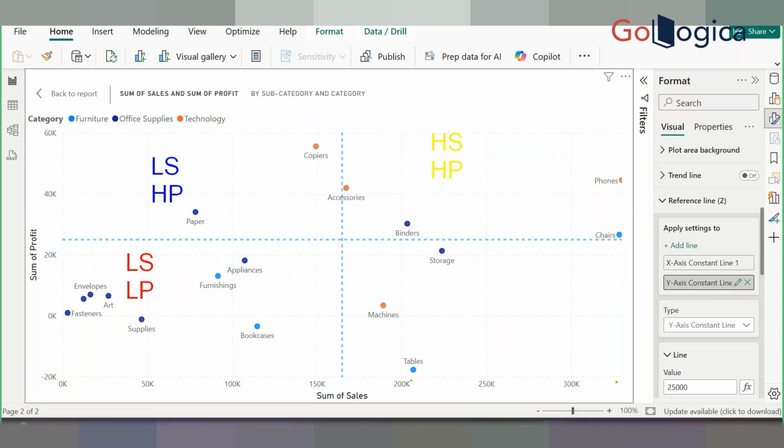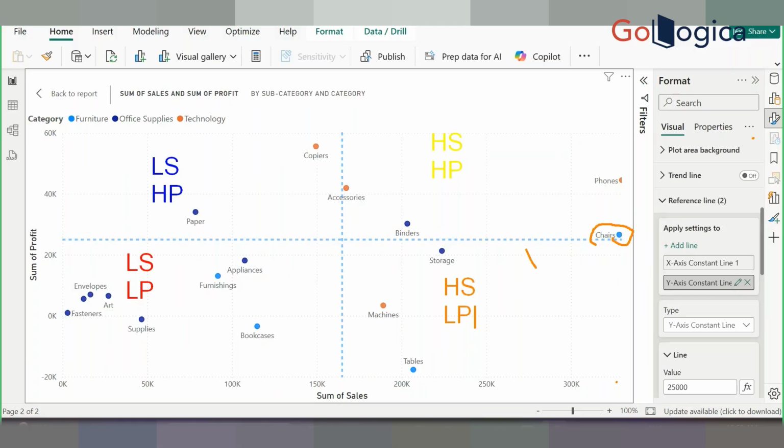And the other one is storage. Chairs are also very close to this. Machines, labels. This particular range I can call high sales but low profit. These products have very good sales, but profit wise it is very scary.